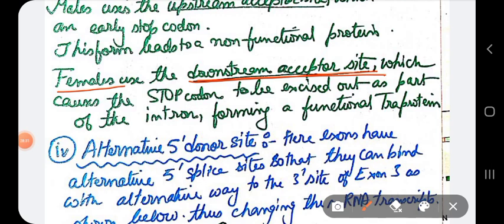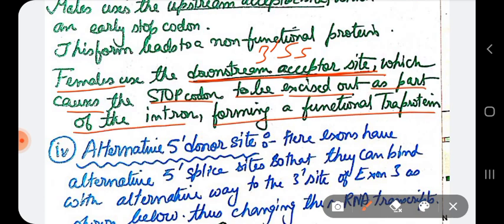That means towards the 3 prime, it uses the next 3 prime splice site, the next 3 prime acceptor site, which causes the stop codon to be skipped out, to be excised out, removed as a part of the intron, forming a functional transformer activating protein.